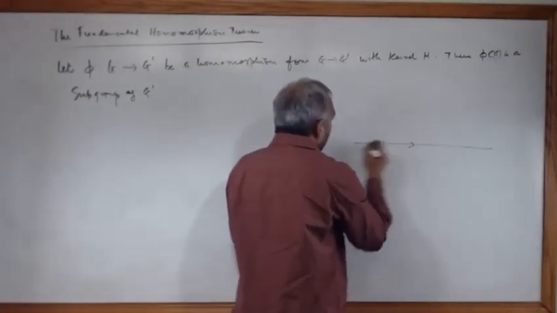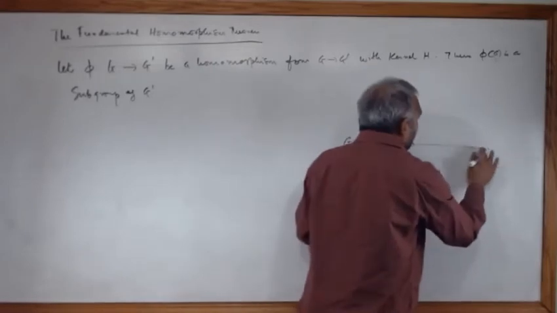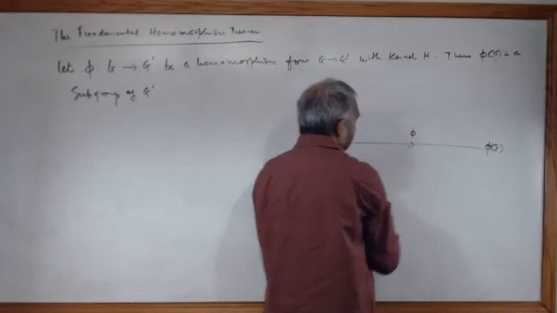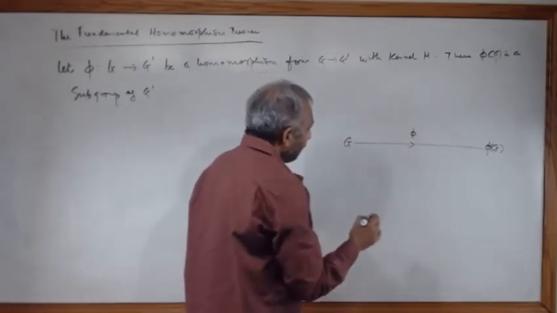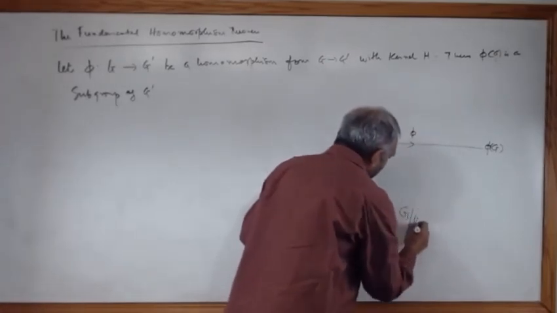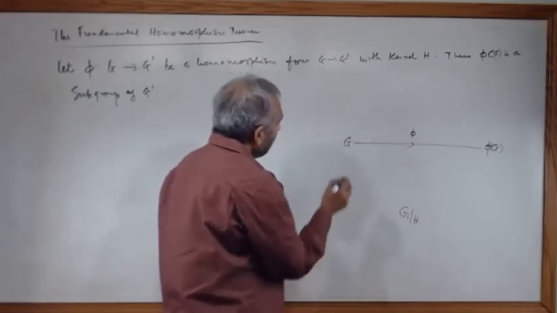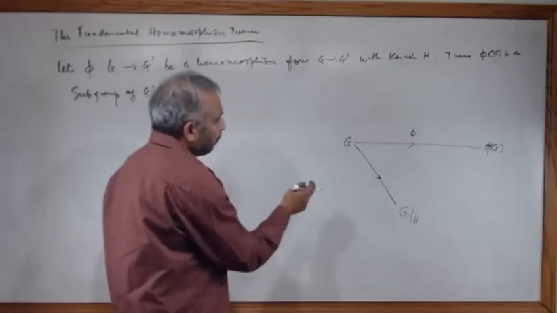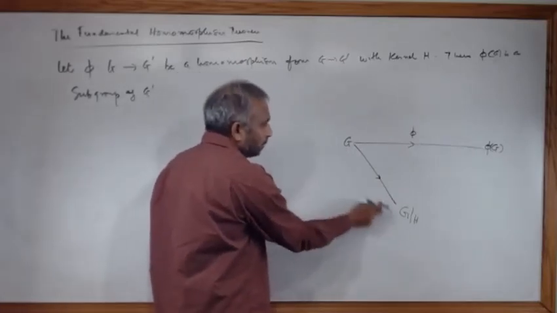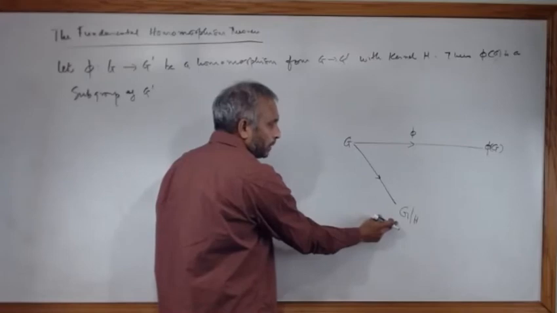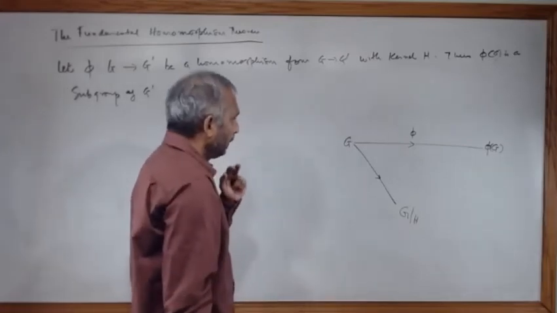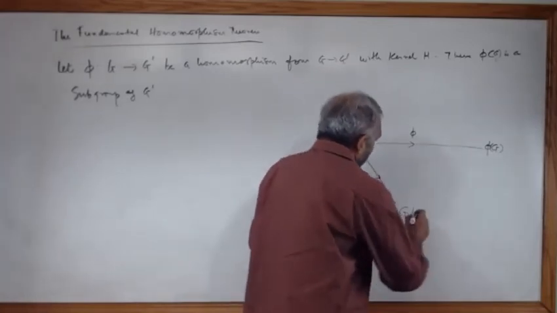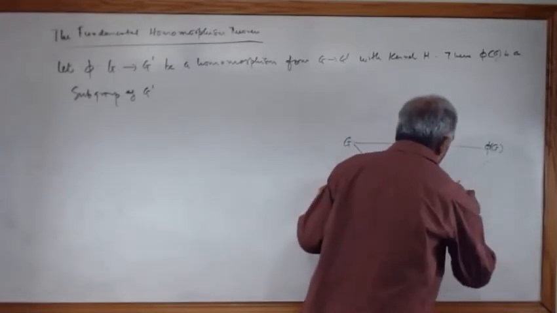So what we have is, we have G here and we'll take it as phi of G, and this is our phi, and we have G over H here, and we know that there is a homomorphism. Just now we proved that there is a homomorphism from G to G over H, and we also know that there is an isomorphism here.